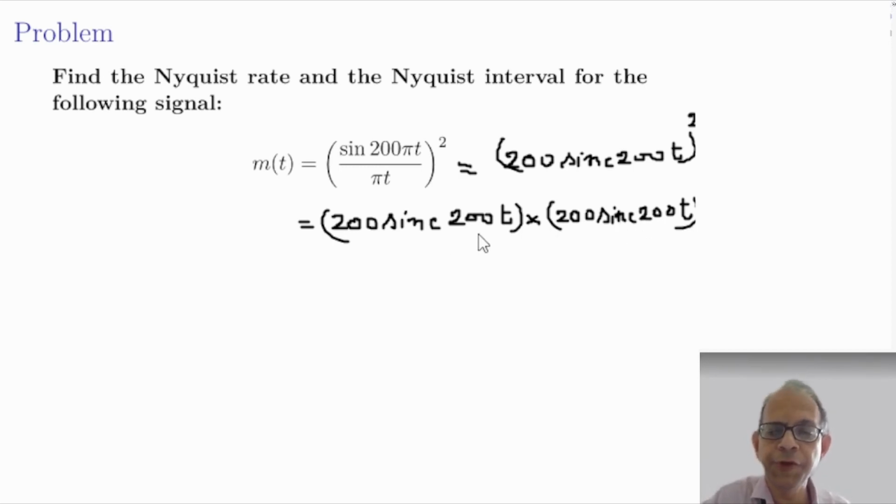Now if we take the Fourier transform of the signal, that is, if we try to find M(f), then M(f) would be the Fourier transform of this and the Fourier transform of this, and their convolution.